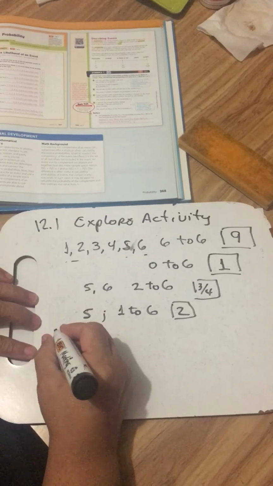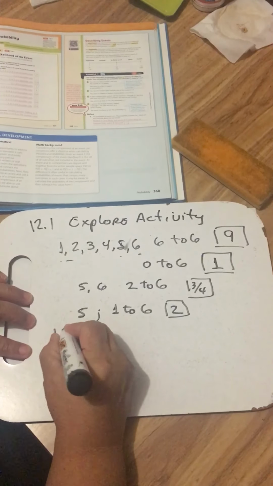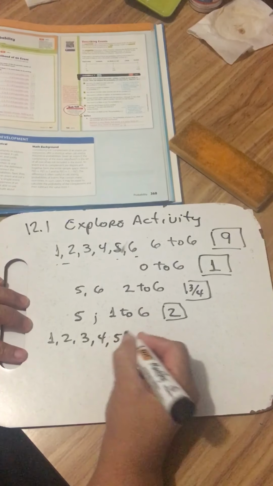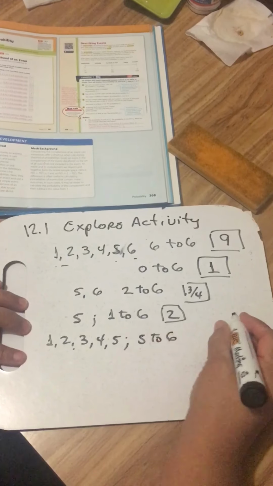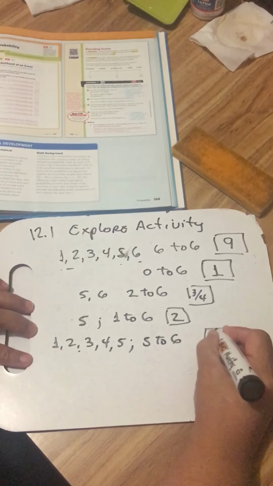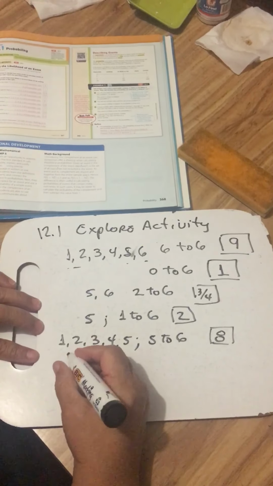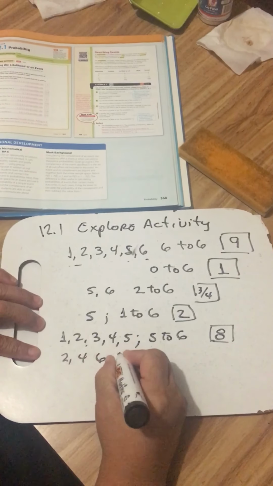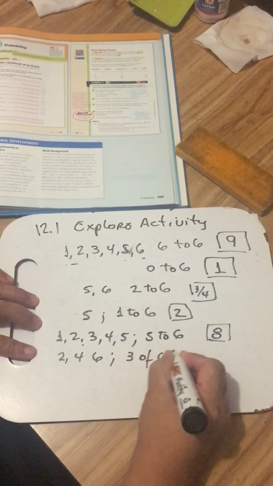Now, rolling a number other than a 6, then it's going to be 1, 2, 3, 4, or 5. Then it's going to be 5 out of 6. Then it's going to be 8. Now, rolling an even number. An even number is going to be 2, 4, 6, or 3 faces out of 6.